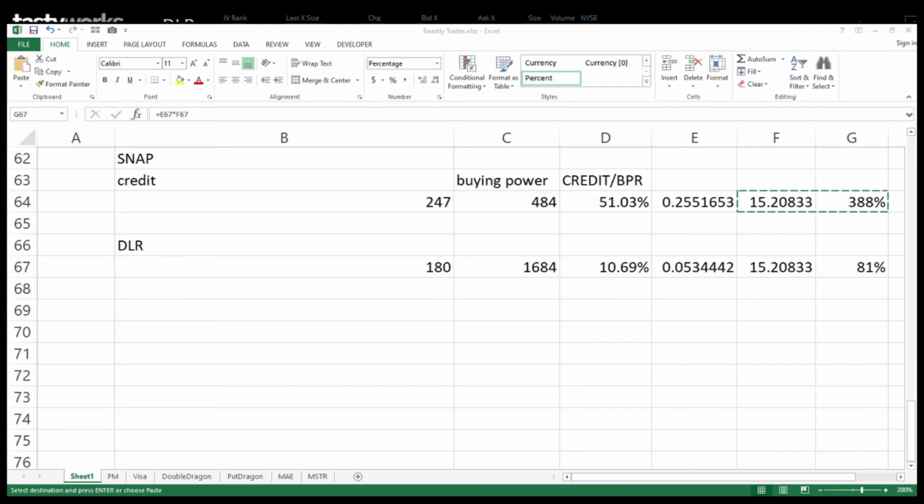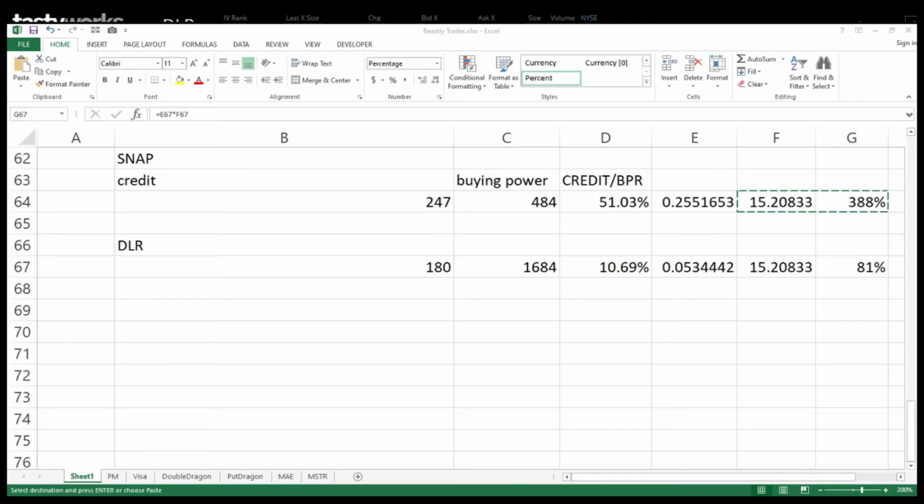So basically, I want to do something like this where I have the long option slightly in the money and the short option slightly out of the money. So the in the money one is the 145 strike for this particular trade, and then the short strike is 155.